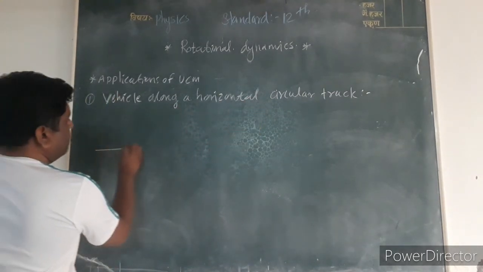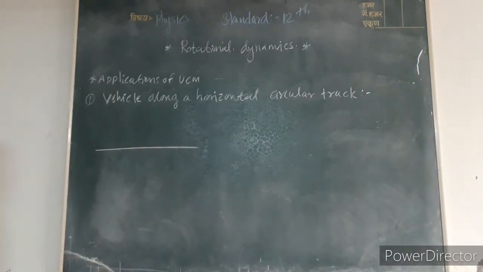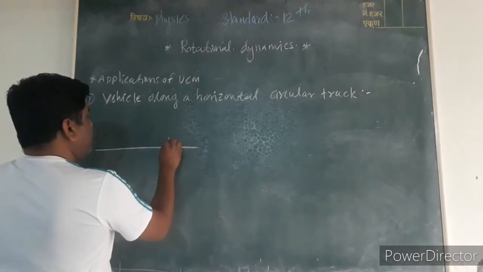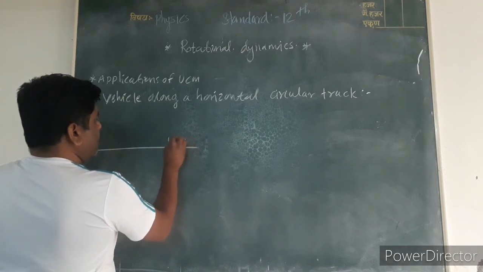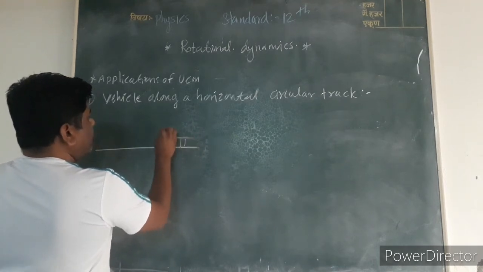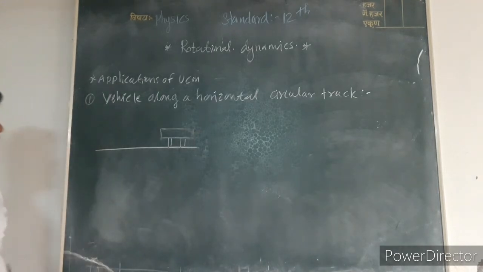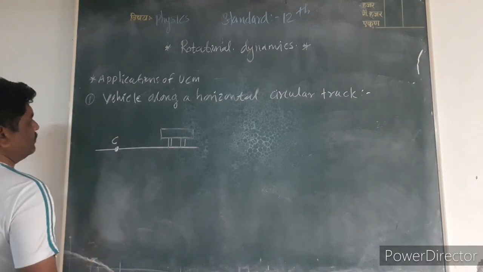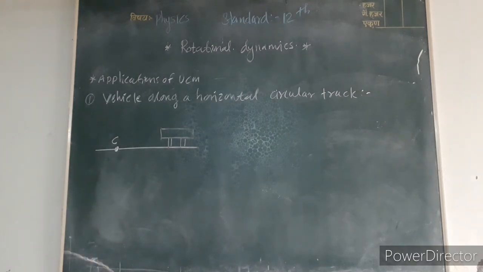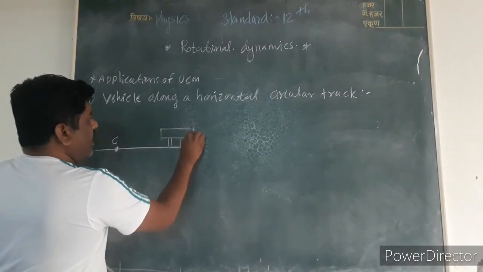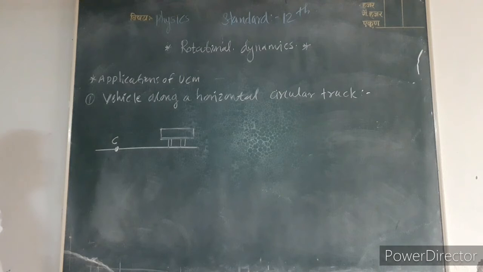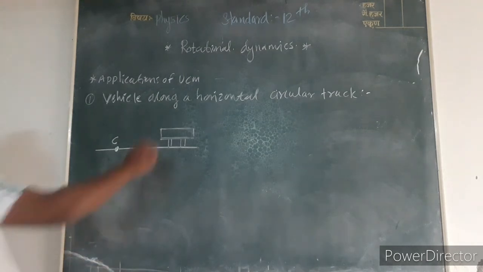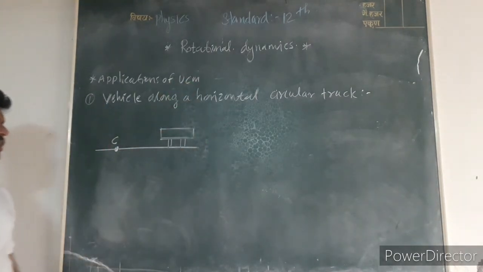Suppose we consider a horizontal surface, and a vehicle is on this track. Suppose this is the center of this curved road, and the vehicle on this horizontal road is performing uniform circular motion.